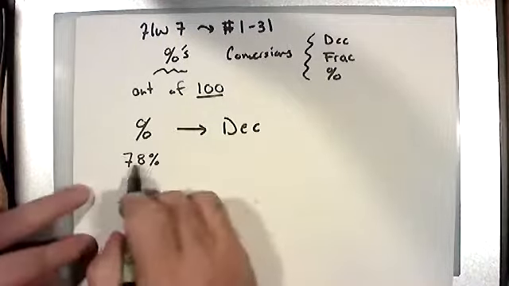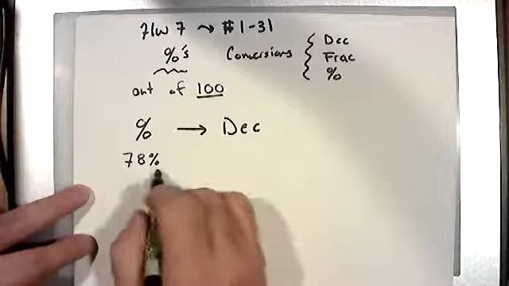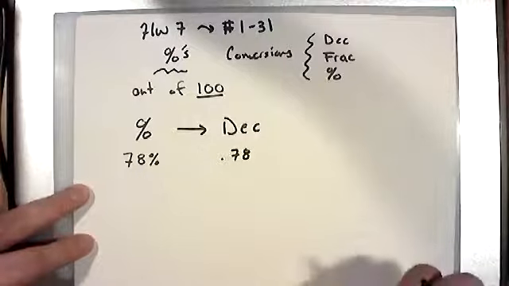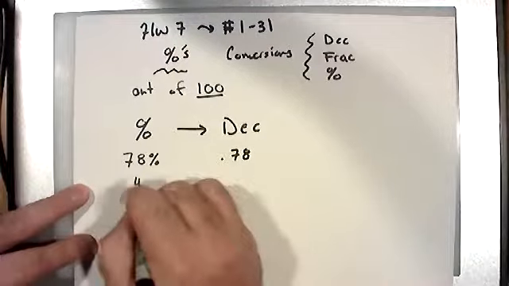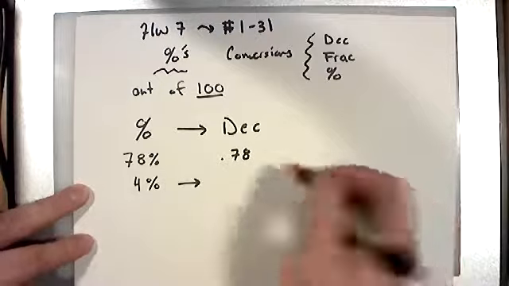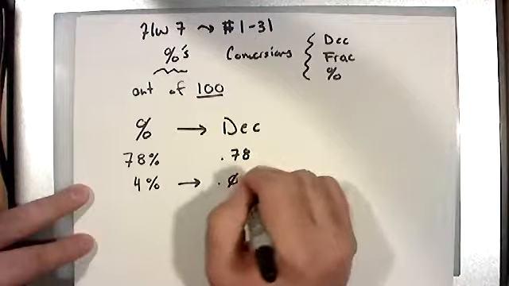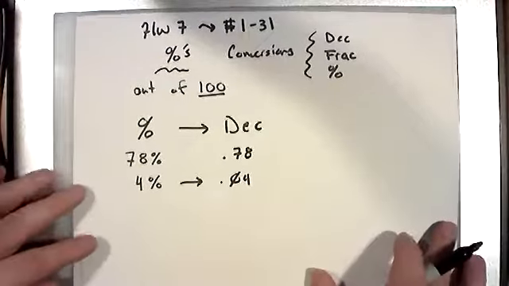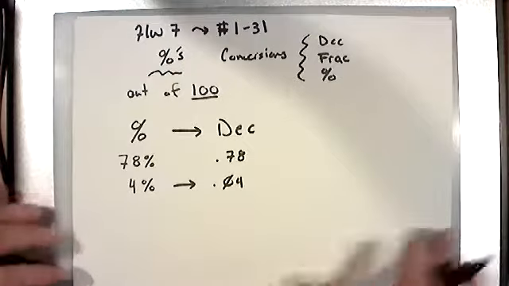If you say 78%, 78 cents, well, then the decimal would be 0.78, because that's what 78 cents looks like, right? Similar, if I said I had 4%, you could think about that as 4 cents, 4 out of 100. So be careful, it would look like that, right? Because if you had 4 cents, that's how you'd write it, 4 pennies, 4 out of 100.